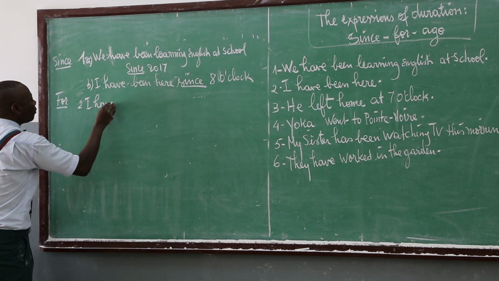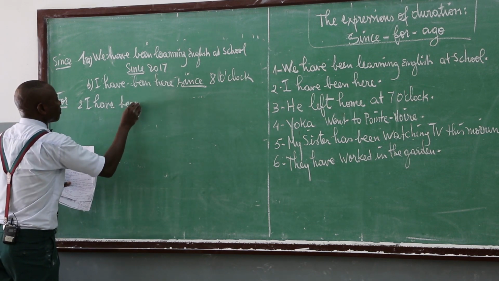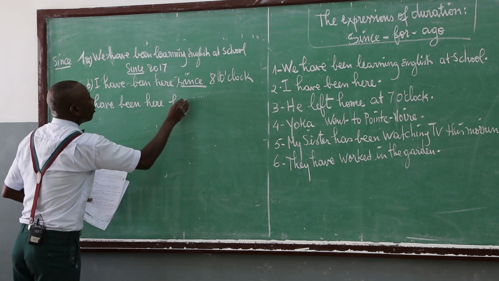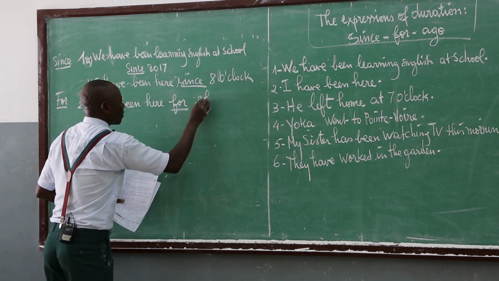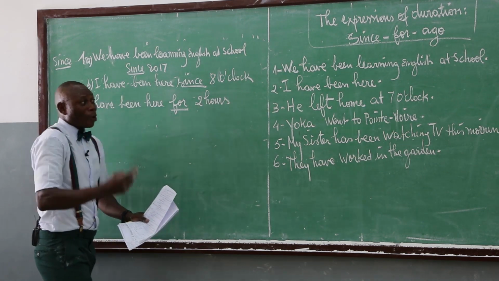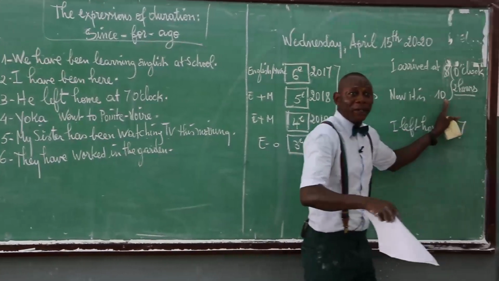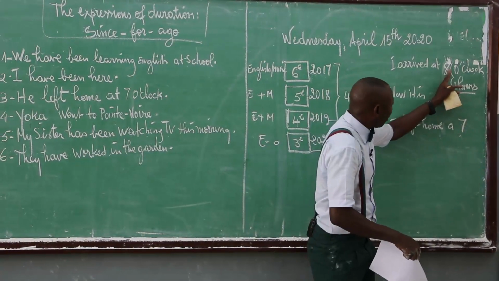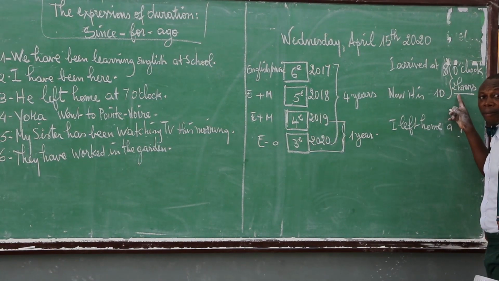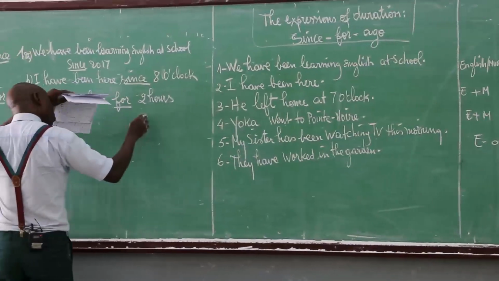I have been here for 2 hours, because I arrived here this morning at 8, and now it is 10, I'm still here. So we spent 2 hours since I've been here. Good, that's why I say I have been here for 2 hours.